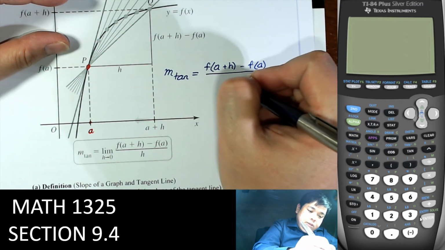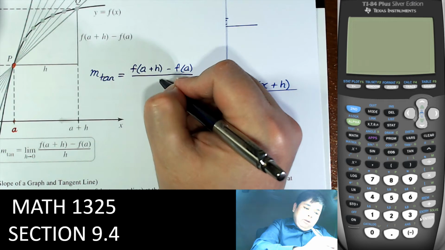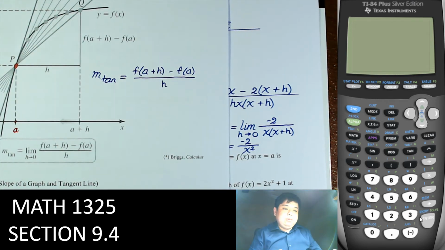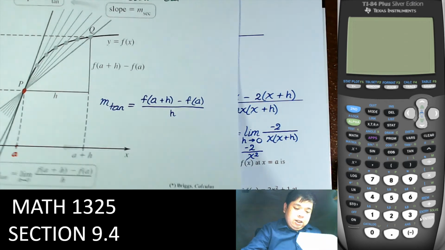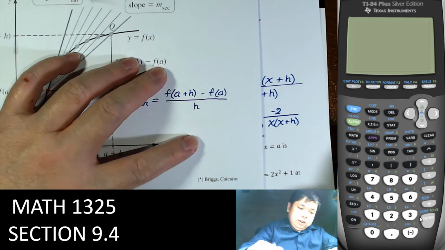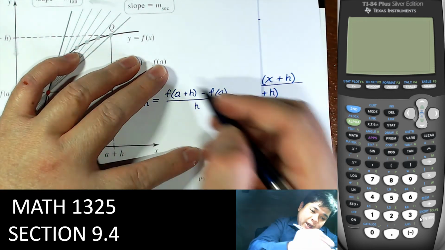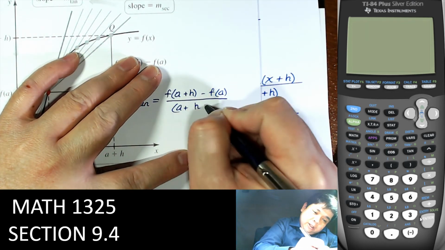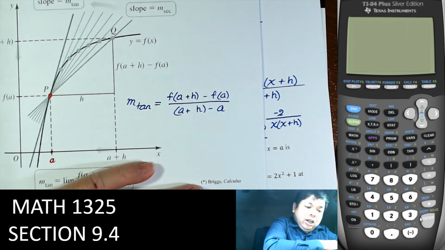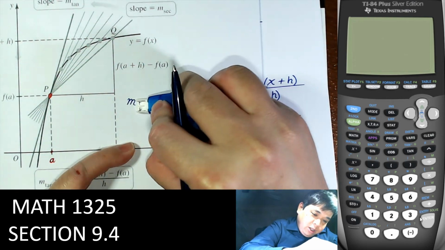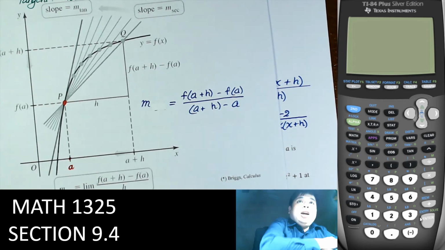Over h, or we could say a plus h minus a, or just slope in general. Right.